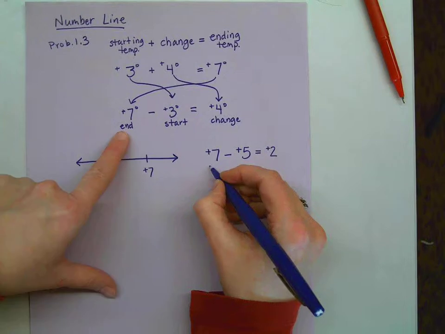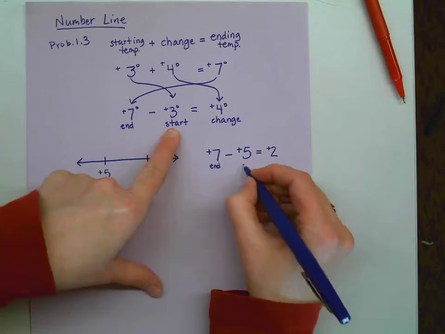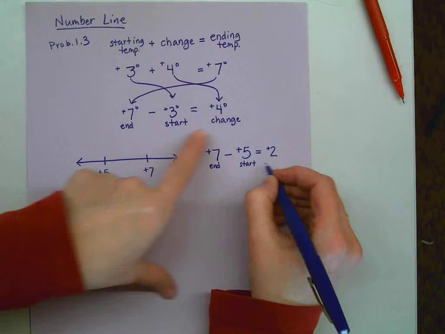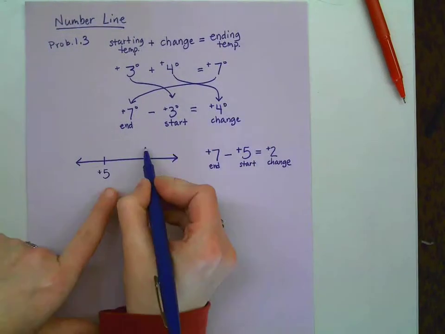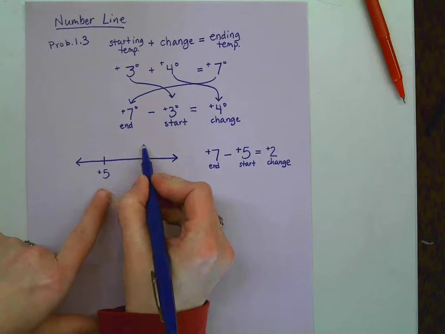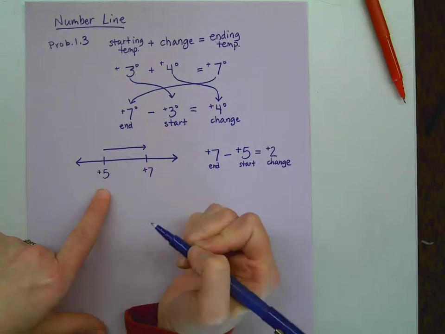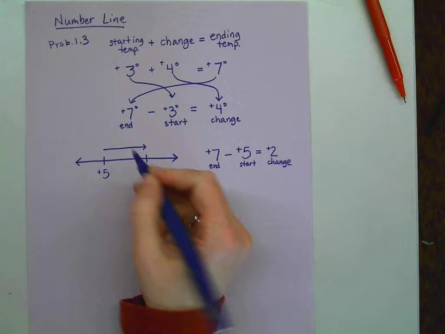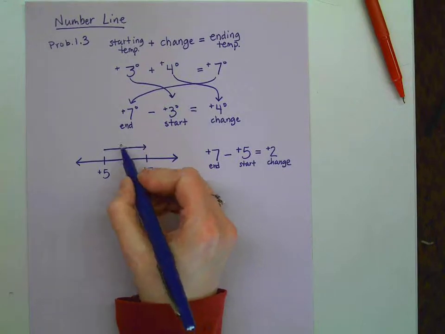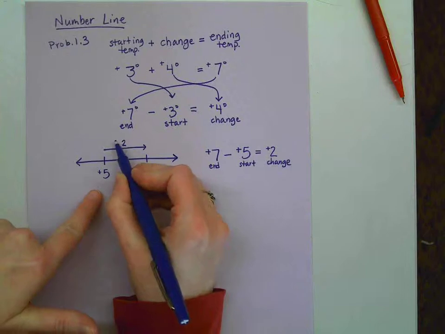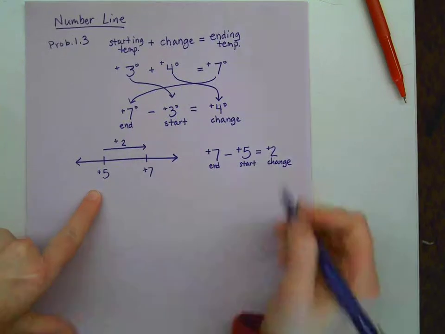This is my ending number minus my start number equals the change. So I'm going to end here at the 7, and I'm starting at the 5. The arrow always shows how far you're going and what direction. So it's going up 2 units in the positive direction. So it's a +2.